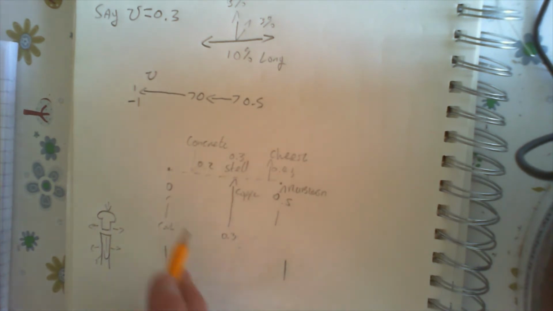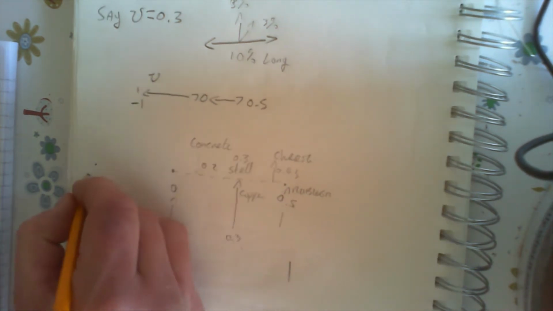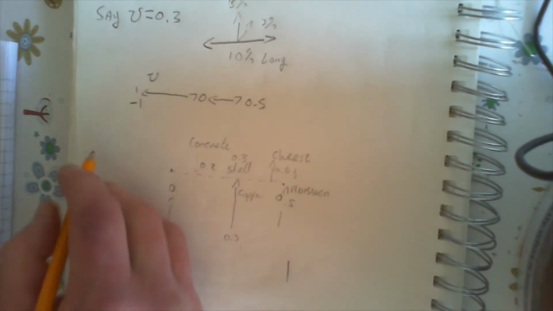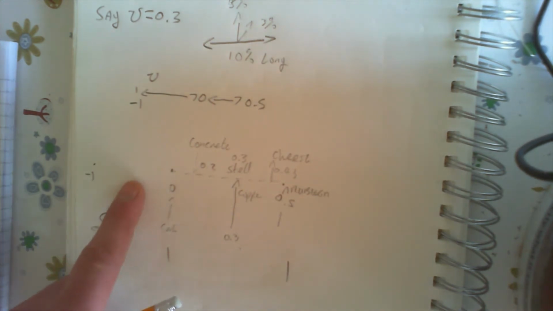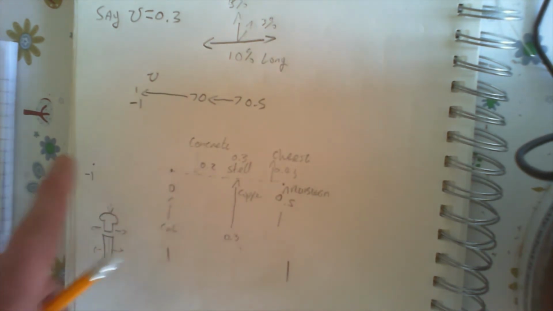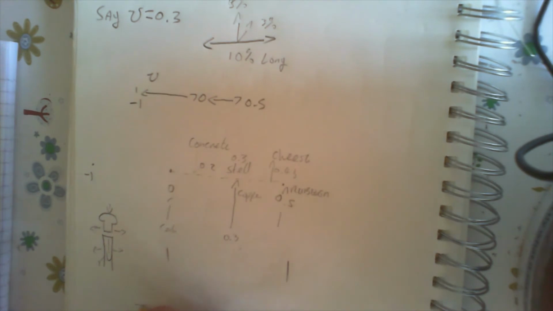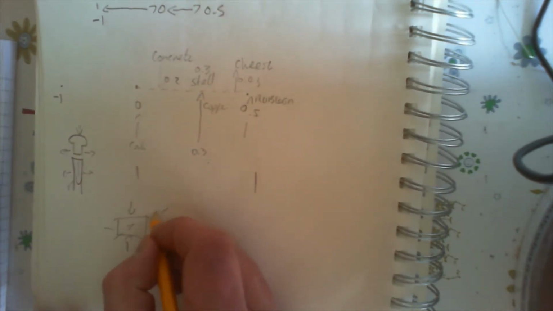If you get any materials coming along to this -1 here, that is, they're in a region where if you compress a block or something, it's going to get smaller longitudinally, but it will also get smaller in the lateral directions as well.